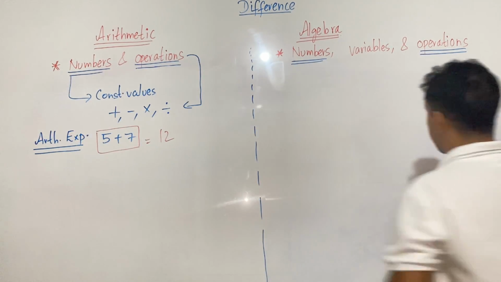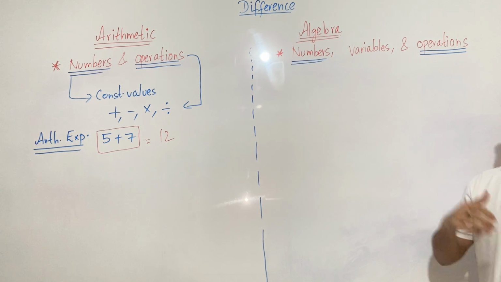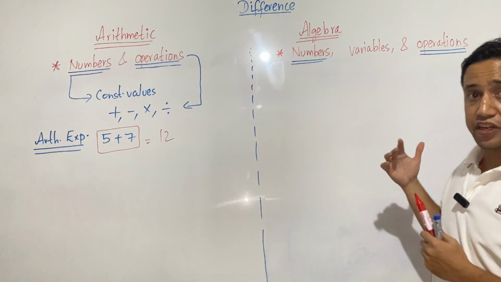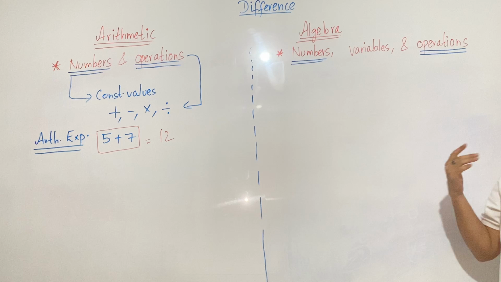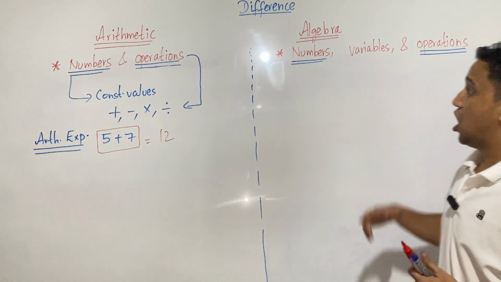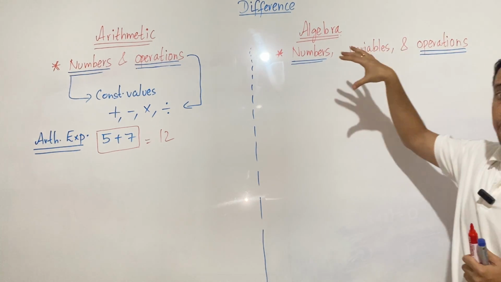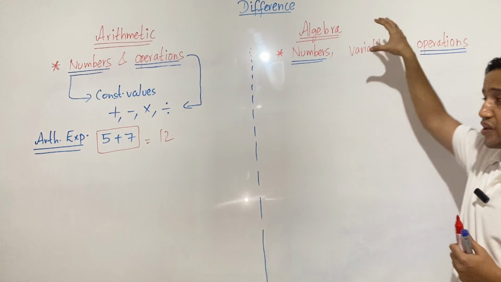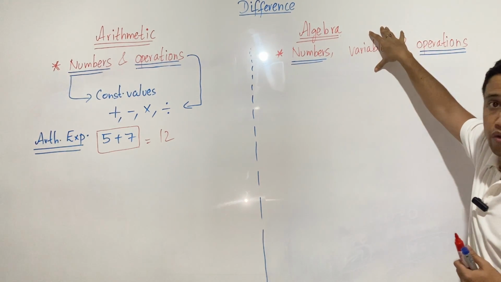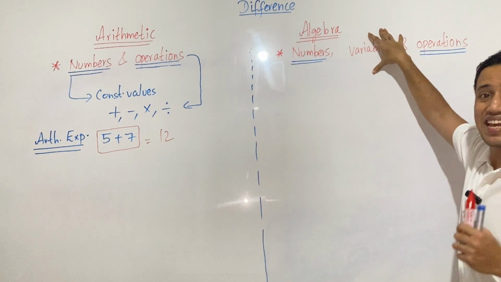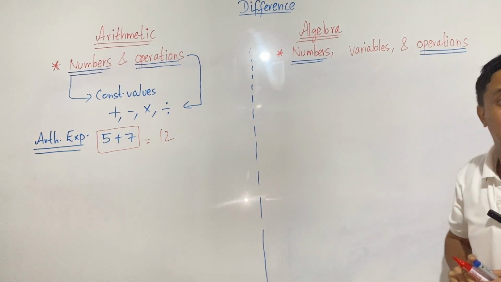Now switch to algebra. The definition of algebra is that it's a branch of mathematics which deals with variables. Variables mean unknown values, the values that are not known yet.